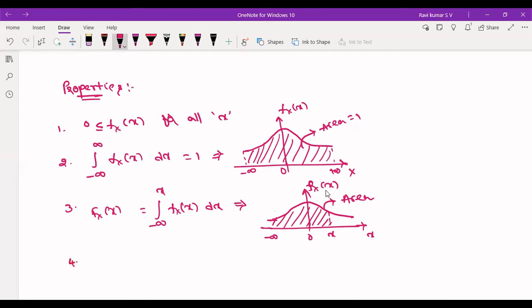And the fourth one, probability of x1 less than x less than or equal to x2 will give you integral x1 to x2 fx of x dx. That again, with respect to a figure, I can write.